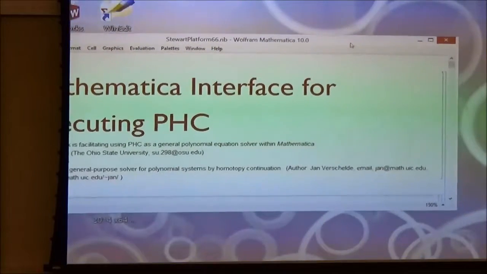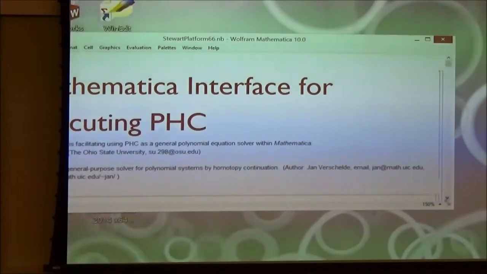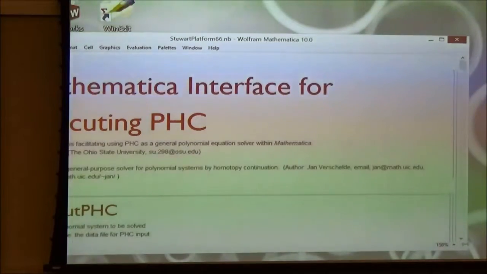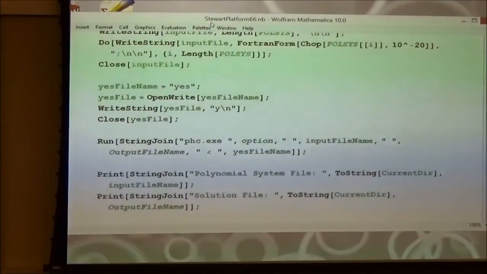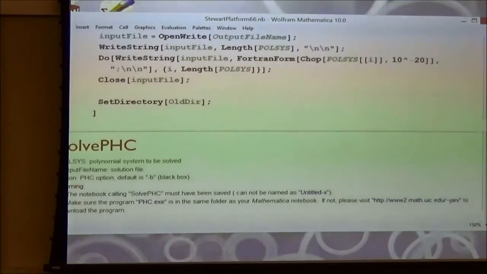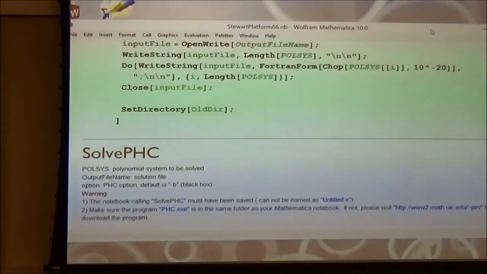So this is the note, if I followed the Wampler paper to formulate a Stewart platform problem using a homotopy solver to find the solutions. And this is the software I use called PHC. The reason I'm using that is because it has a Windows application, and you don't have to do any installation. You just run this from the command line of Windows.